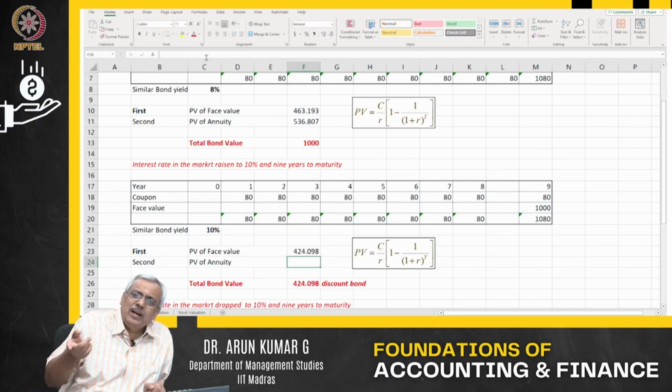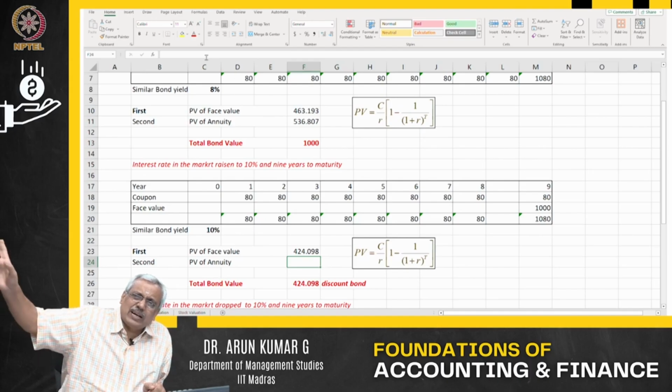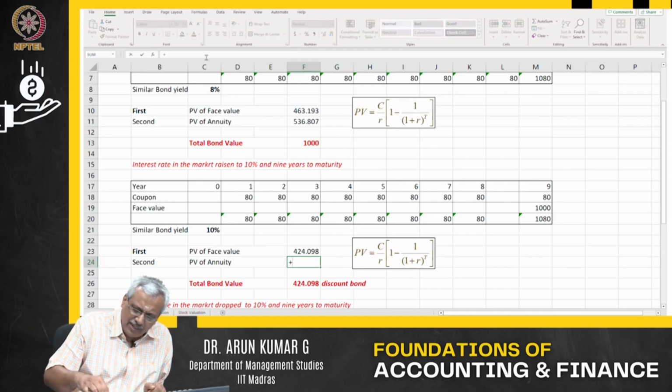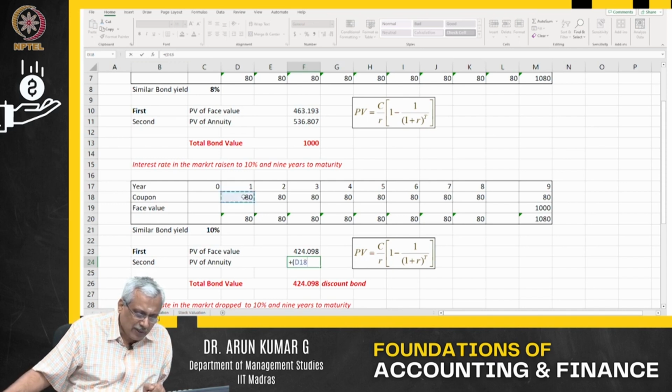Now what is the present value of the annuity? Annuity is $80 every year that I am going to get for 9 years. My coupon in this particular case is $80. My expected return is 10%.